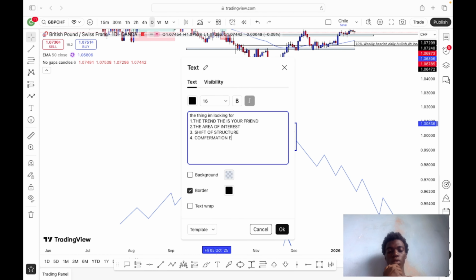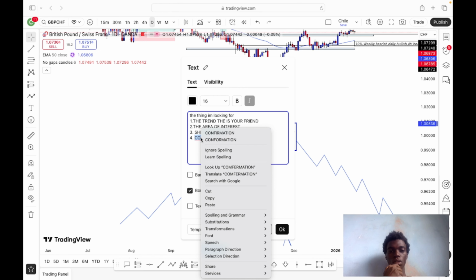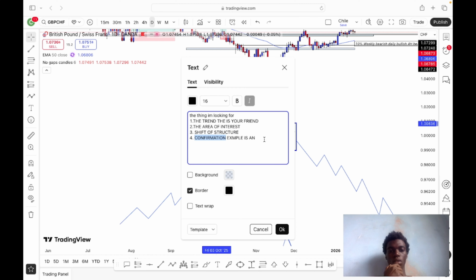An example of a confirmation is an entry signal.